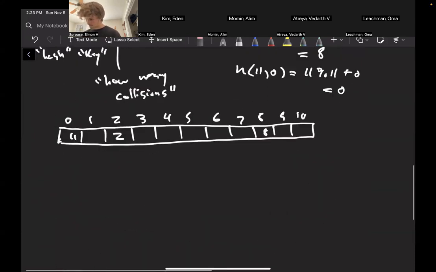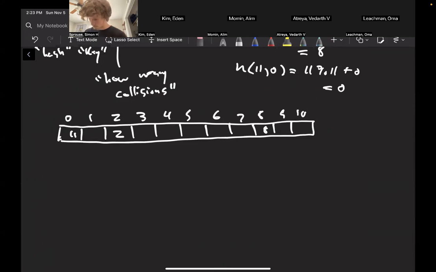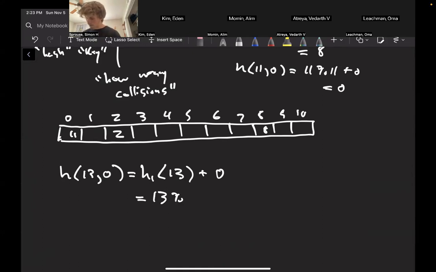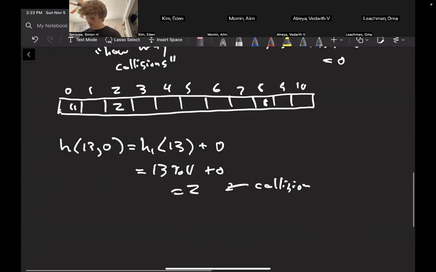Let's add 13 and see what happens. I think I remember that this was a collision. So h of 13, 0 is going to equal, we're going to use our first hashing function, and then we're going to add i, which in this case is 0. So that's 13 mod 11 plus 0, which is 2. And this is a collision. So now we've got to try again. So we're going to compute h of 13, 1 with one collision.